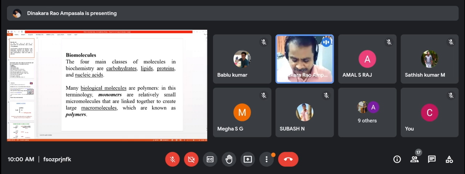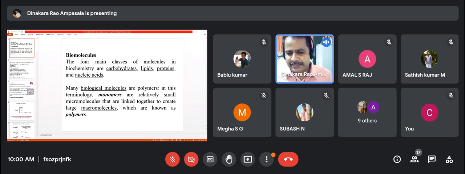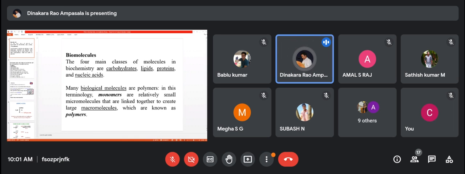So, as I said, we have four macromolecules. Of those four macromolecules, we are going to concentrate on proteins now. In essence, proteins are chains of different types of amino acids. Here you can see the amino acid structure: an amino acid has a carboxyl group, an amino group, hydrogen and R. R may be a simple hydrogen or a different complex molecule.